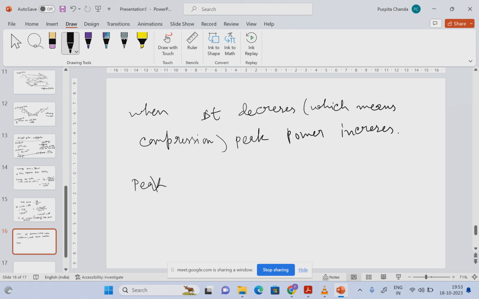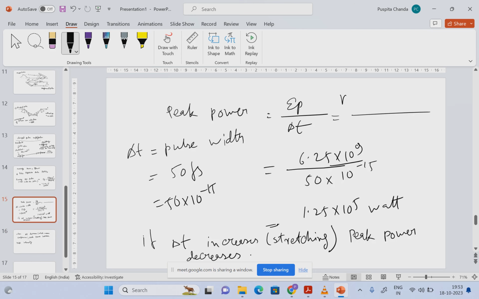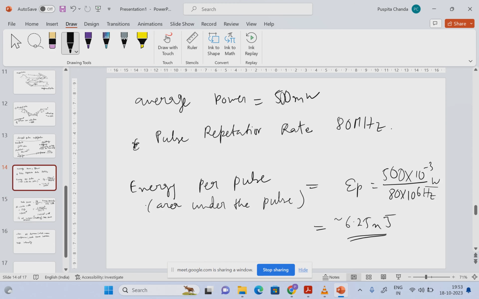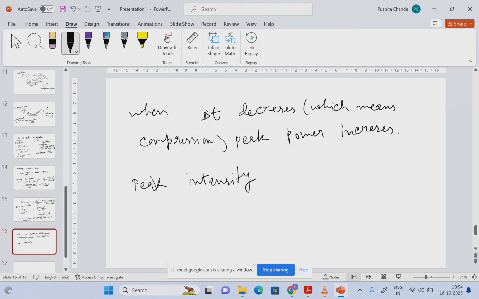Now we can see peak intensity. This is called PRR, pulse repetition rate.